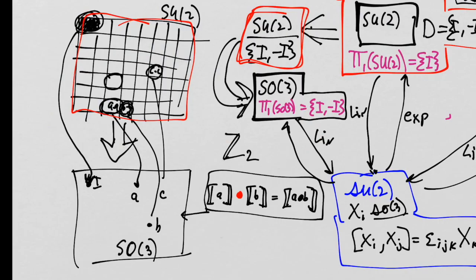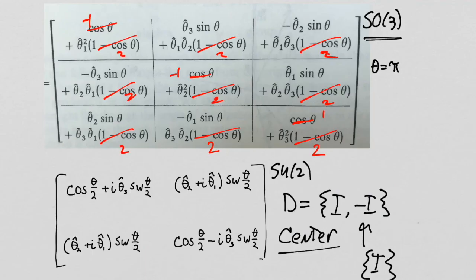But in this coset group, you're taking SU2, you're taking the element that you can reach in SO3, and you're blending it with the element you cannot reach in SO3, right? And you're putting them together in one thing, and you're calling that an element of SO3. And that turns out to be isomorphic. So that's what SO3 is.